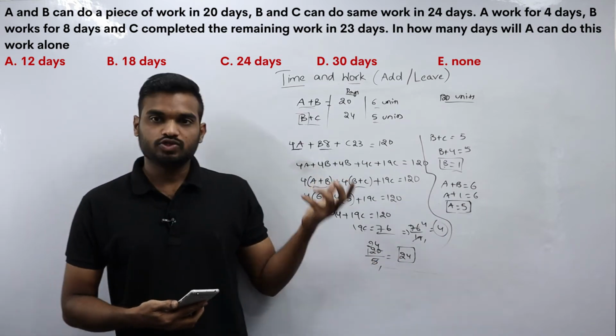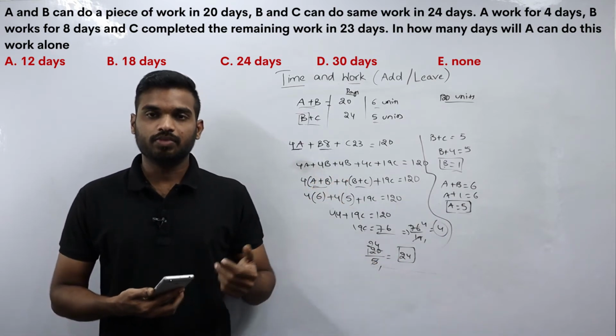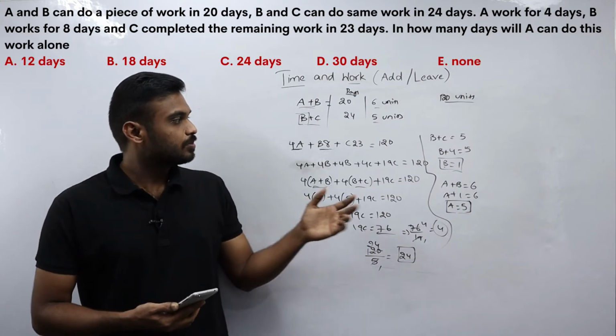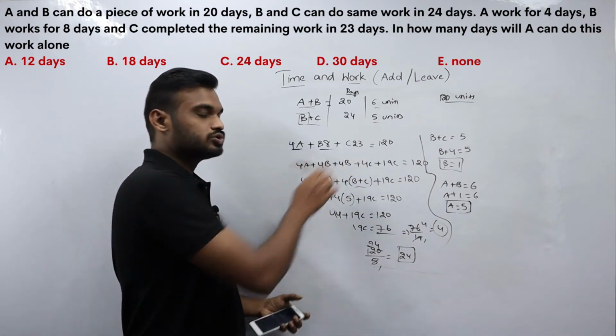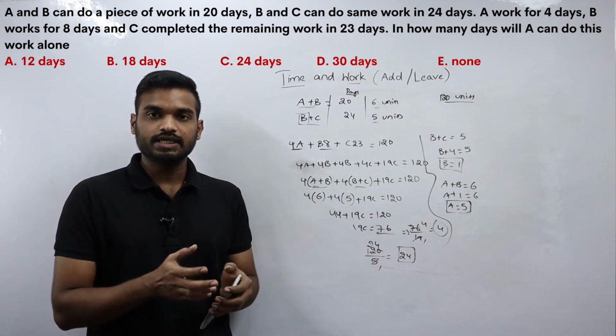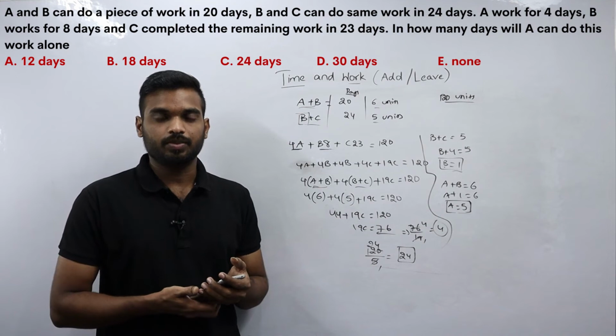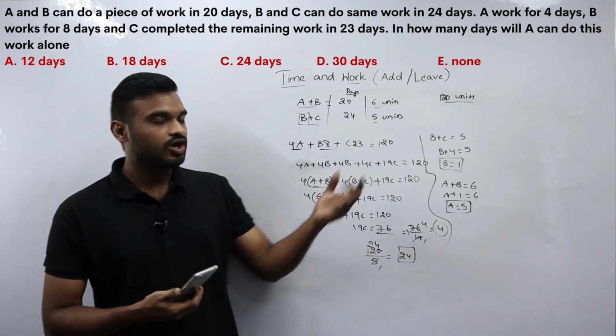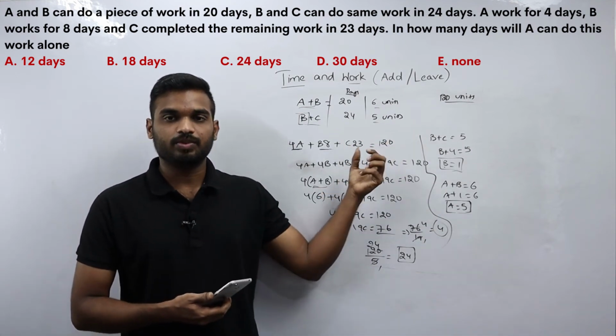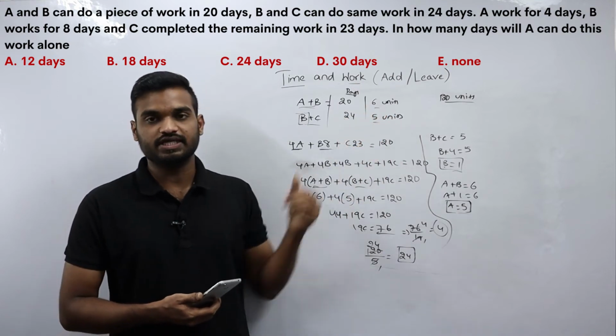The same problem can also be solved by the normal method, but I didn't tell you the normal method because there are 3 unknown variables, so it takes a very long process and so much time to complete the problem. Now you can ask me why I am telling that normal method when this LCM or units method is very easy.